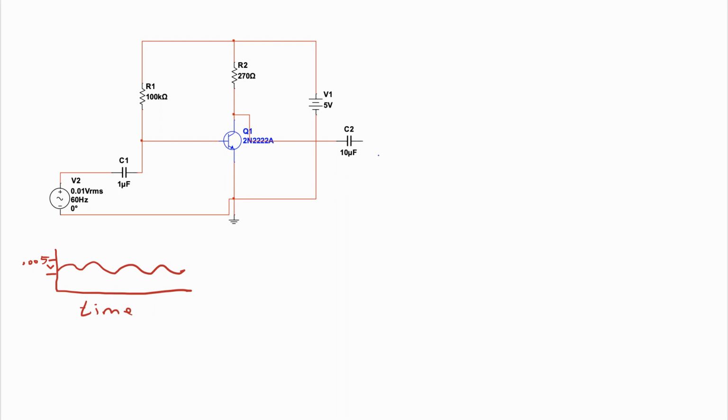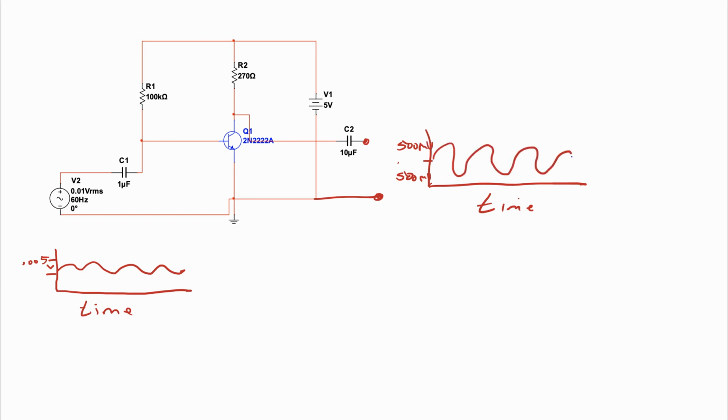And if you hooked up a meter here from this point to this point and looked at the signal coming out over time, it would be 100 times bigger. So this one was 5 millivolts, and this is 500 millivolts on the output of the circuit.